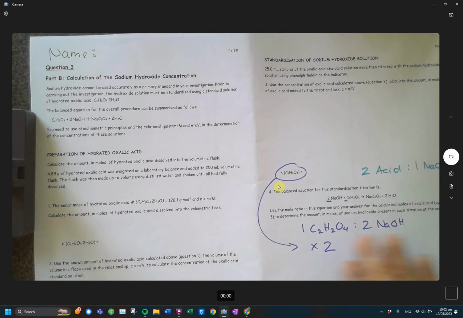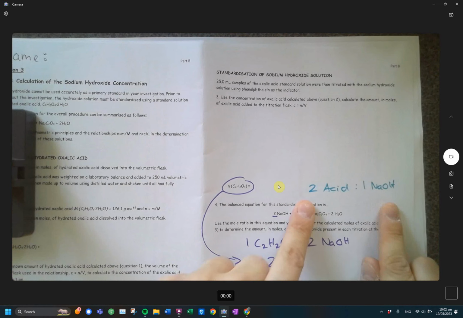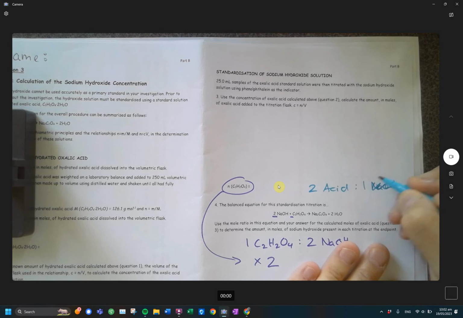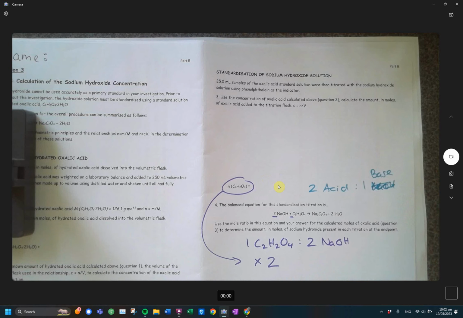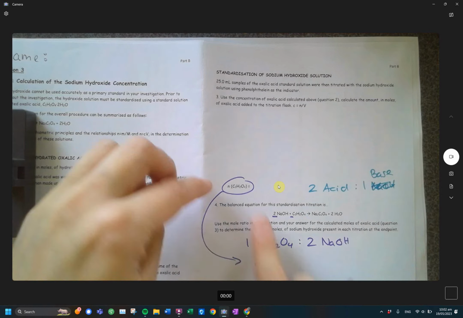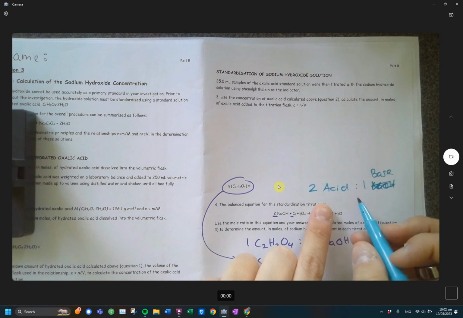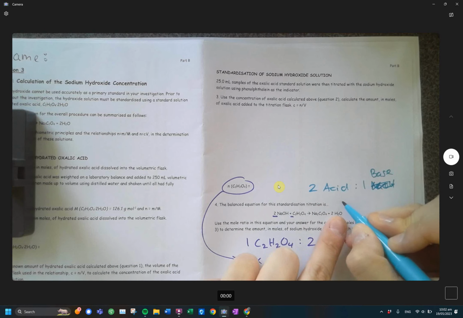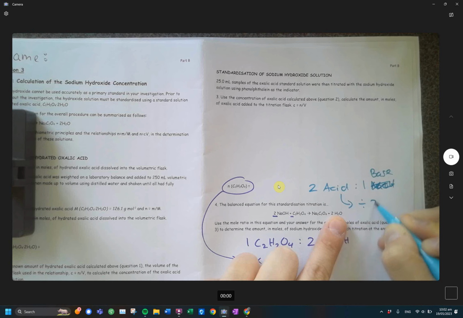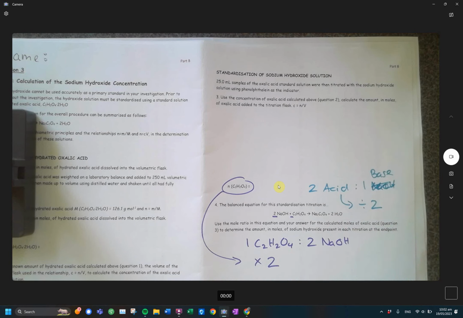What this tells me in this ratio is that the base is stronger than the acid because I need twice as much acid to neutralize the base. In this hypothetical example, if I had worked with the acid first, I would be taking the acid amount and dividing it by 2 because I need half as much base for that acid.